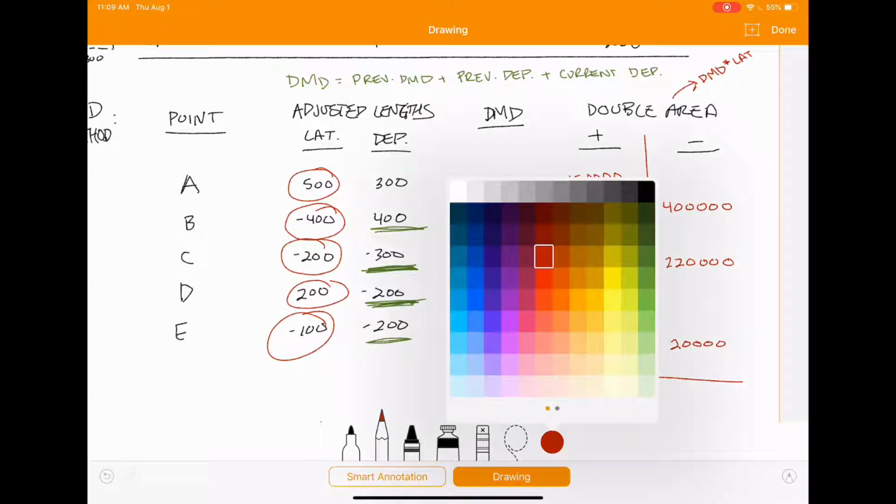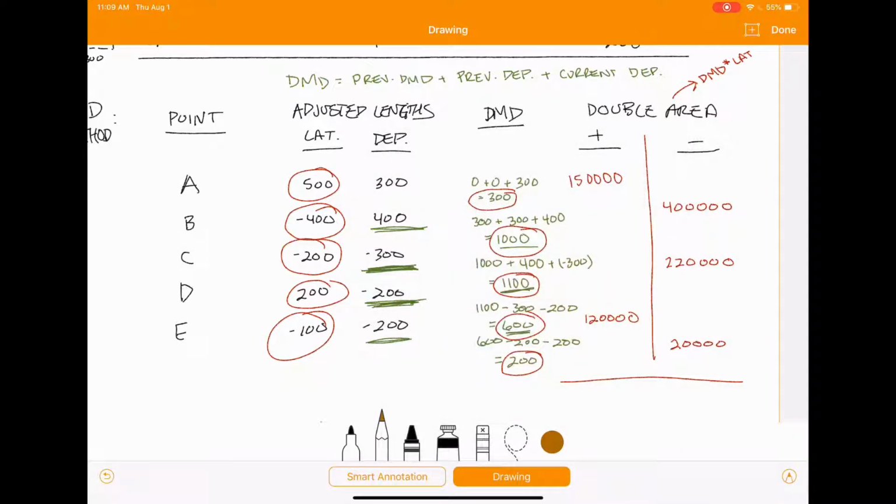So now you're going to take the sum of both of these columns, and the difference between those sums is going to be your double area. So we're going to go 150,000 plus 120,000 equals 270,000.